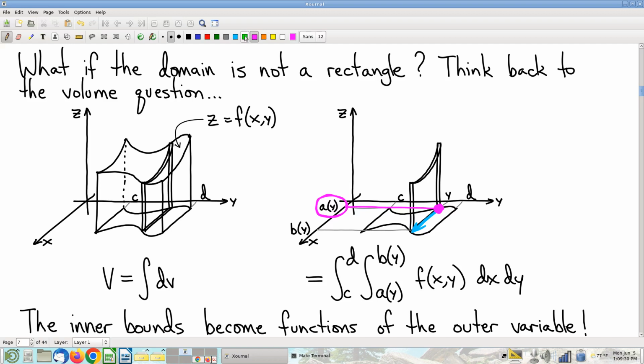And if you think about it, look at that value of y. If you picked a different value of y, you would get a different cross-section of your domain, which would have a different purple point.